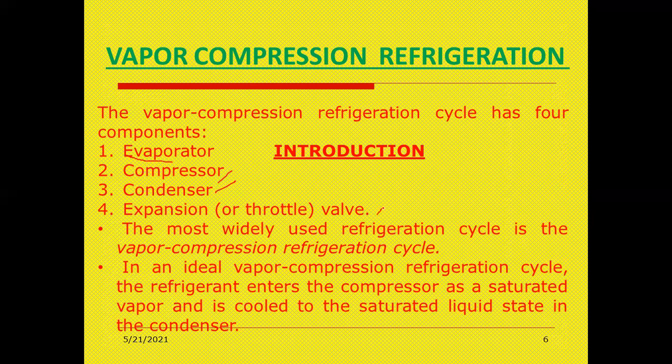So what are the 4 main components? Evaporator, compressor, condenser and expansion valve. Next point, the most widely used cycle is the VCR cycle.